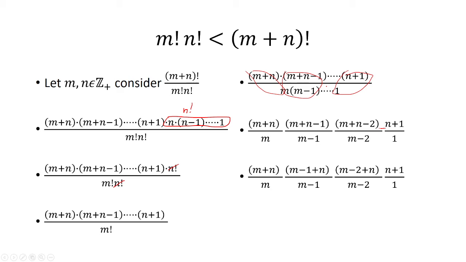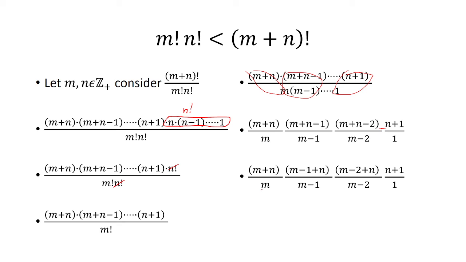Now, I can rewrite this. I'm going to leave the first one alone. But the second one, you have m plus n minus 1. I'm just going to write that as m minus 1 plus n. So basically, I'm taking this minus and moving it between the m and the n. I'm doing that for most of the terms here.